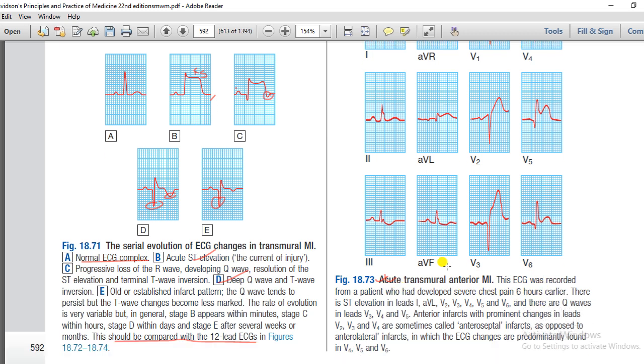There was ST elevation in leads 1, AVL, V2, V3, V4, V5, and V6. And there are Q waves in leads V3, V4, and V5. Anterior infarct with prominent changes in leads V2, V3, and V4 is sometimes called anteroseptal infarct, as opposed to anterolateral infarct, in which ECG changes are predominantly found in V4, V5, and V6.